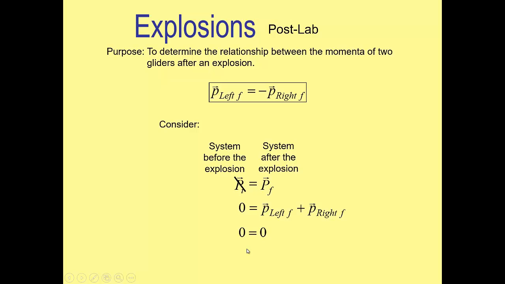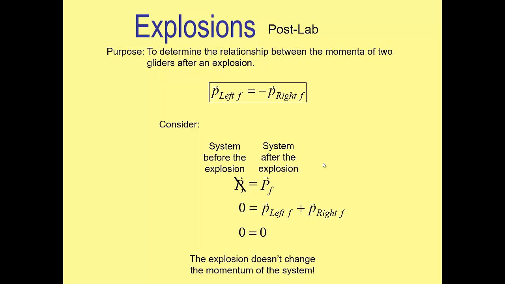So it appears that the momentum of the system before the explosion was 0, and the momentum of the system after the explosion was 0, which means the explosion didn't change the momentum of the system. That's really interesting. So the momentum of the system before the explosion, which in this case was 0, happened to be the same as the momentum of the system after the explosion, which was also 0.